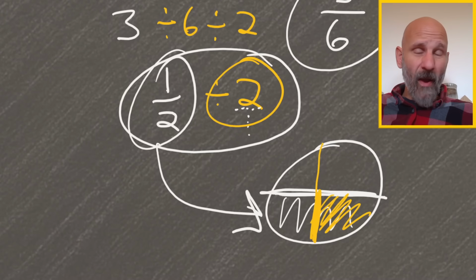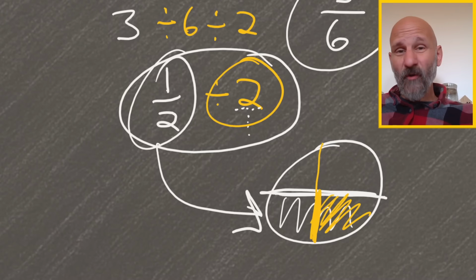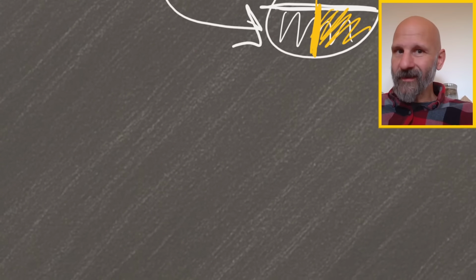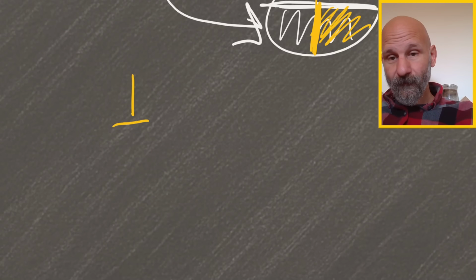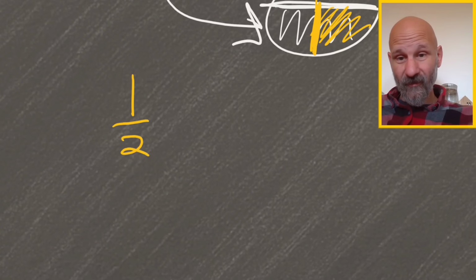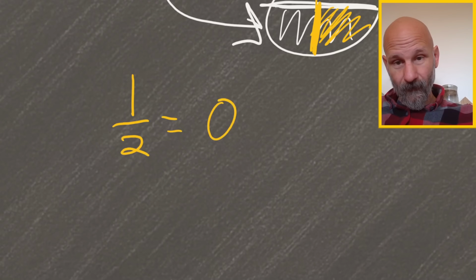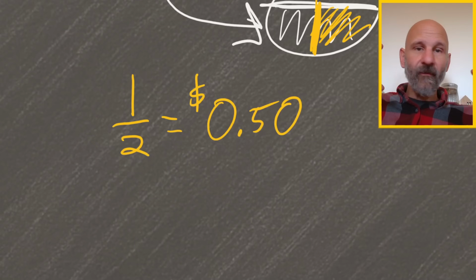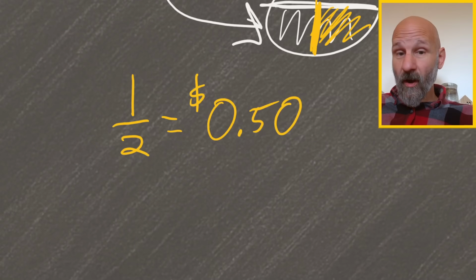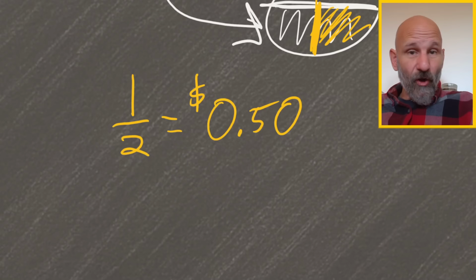Some people just have it memorized, because if you want to go decimals, it actually makes a little bit more sense, only because 1/2 of $1 is 50 cents. So instead of thinking of this as just some random fraction, if you can think of it as something concrete, that's easier to work with.